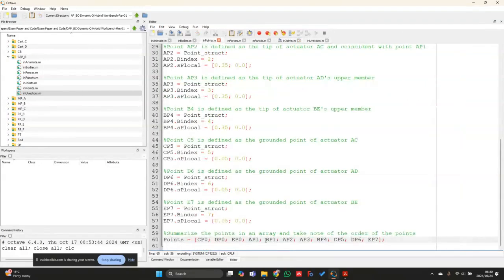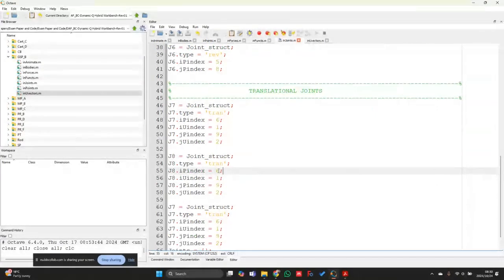So if I look at this one, we used AP2, so now I want to use AP3, so that would be 7, 1, 2, 3, 4, 5, 6, 7, and then I think the other one is D, so that would be 8, 9, 10 that we want to use. So 7 and 10, I'm just going to say over here 7, JP index is 10.